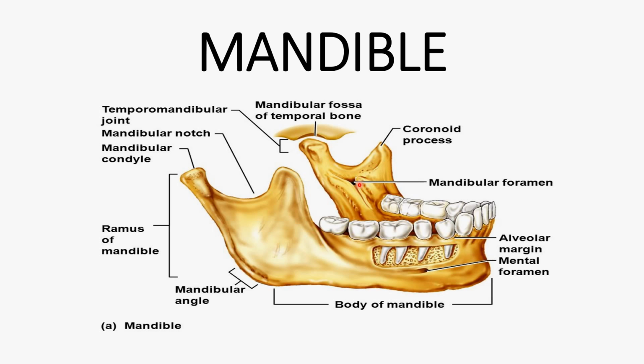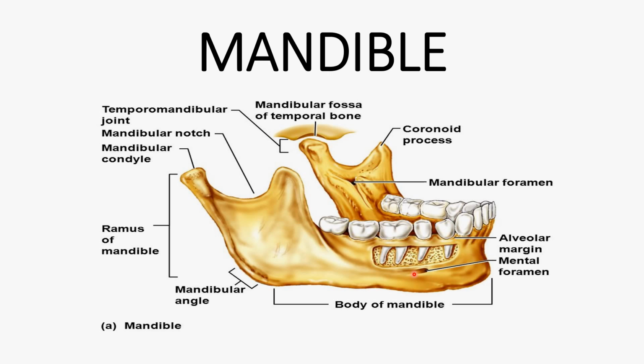Inside the mandible, in the posterior view, you can observe the mandibular foramen, and in the external view you can find the mental foramen, the two foramens present in the mandible.